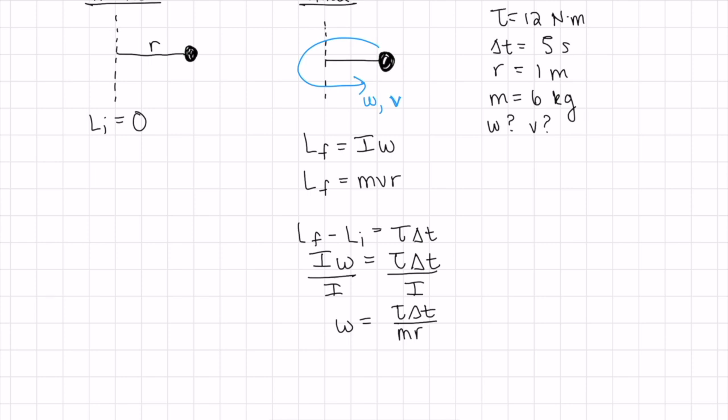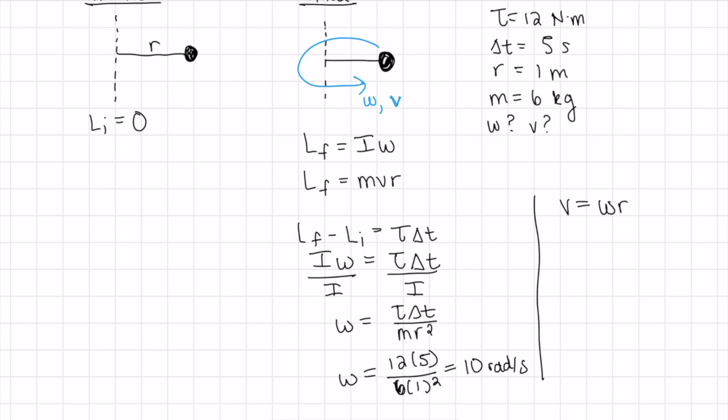So omega is 12 times 5 divided by, oh, nope, 6 times 1 squared, which is going to give me 10 radians per second. And next to that, we can say that the velocity is angular velocity times radius. So our velocity is going to be 10 meters per second.